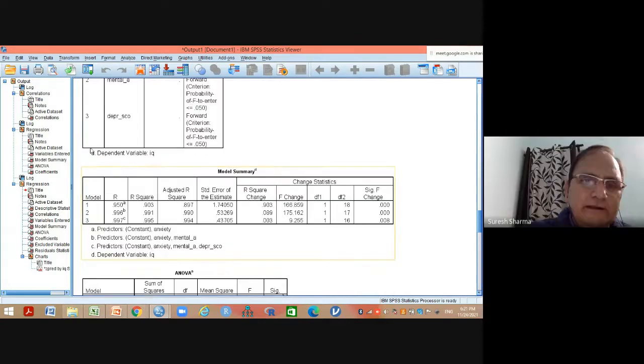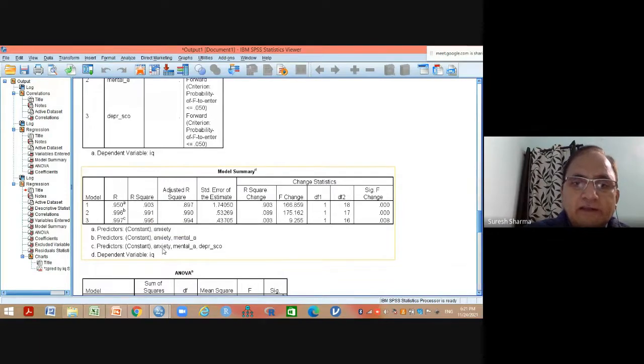So don't go for the first R square. When only anxiety was included, the value of R square was 0.90 and adjusted R square was 0.89. Now you will not have to report R because it's a problem of multiple regression. You have to report R square. When anxiety and mental age, then your R square moves up to 0.99 and adjusted R square again 0.99.